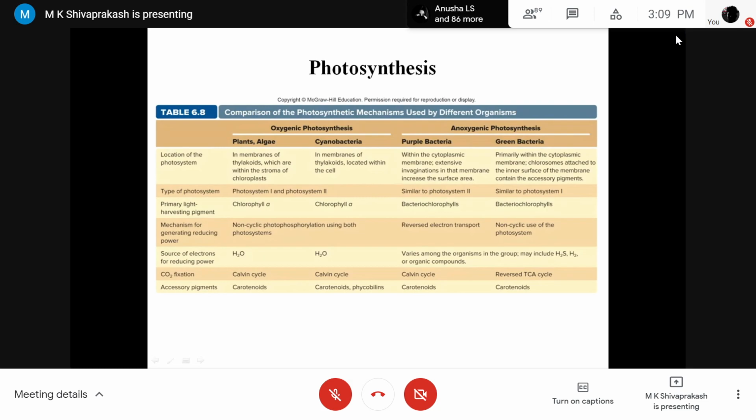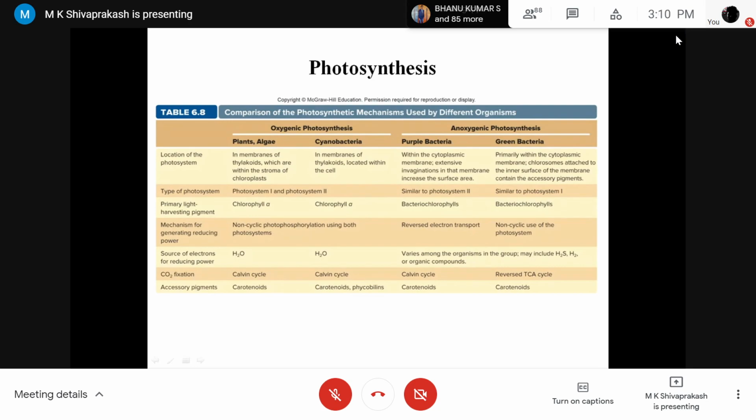In photophosphorylation you have two photosystems, photosystem 1 and photosystem 2, cyclic and non-cyclic. The oxygenic photosynthetic bacteria follow both photosystem 1 and photosystem 2, whereas the green sulfur bacteria follow only photosystem 1, and the purple sulfur bacteria follow photosystem 2.